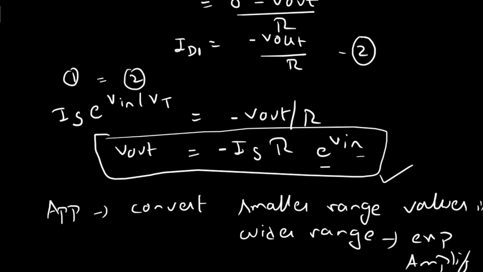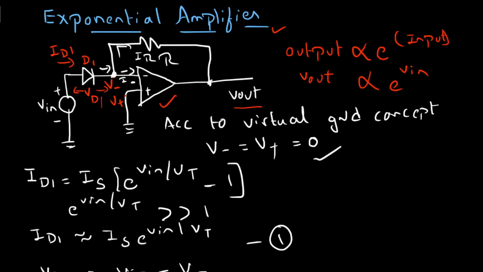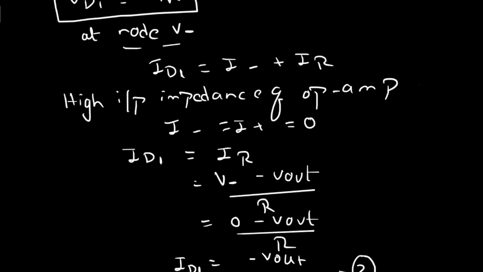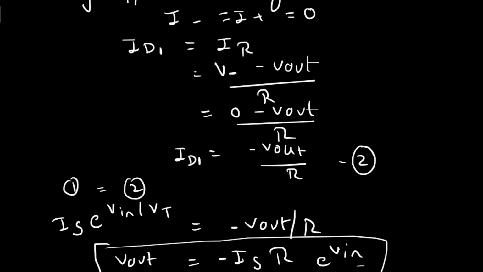Okay, this is a major application of the exponential amplifiers. So in this way you have to derive the output equation for the exponential amplifier. So finally you get a relationship between the V out and V in in terms of exponential.